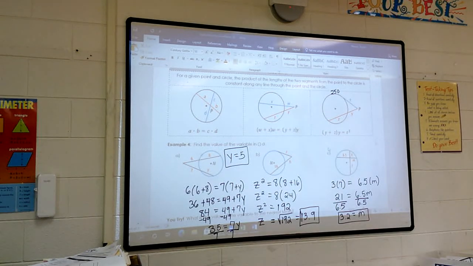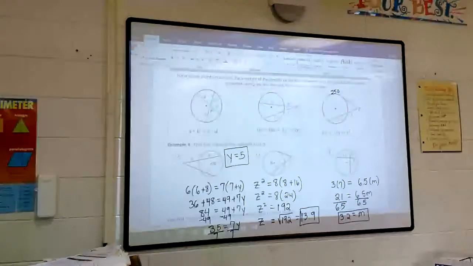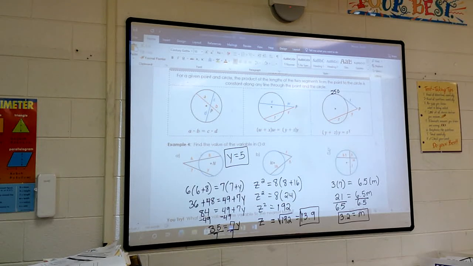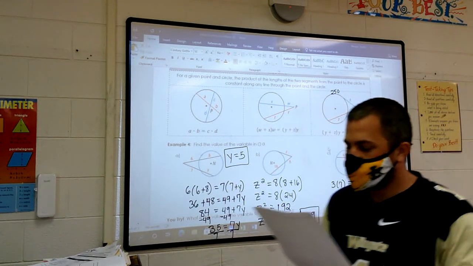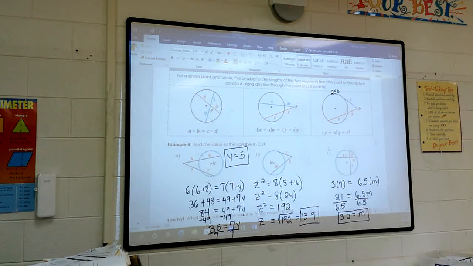The first picture on the left is talking about C. The one in the middle is talking about what we just did in A. The last one is talking about B. And we just have to apply it to the correct problem. Okay? So with that, we move to a crazy looking circle that has a bunch of different things on it.